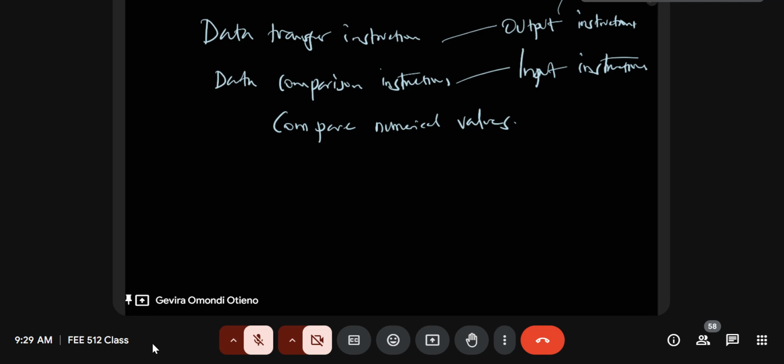Okay, so it means therefore that we already did a comparison of data. So remember, timers and counters already use data comparison instructions.